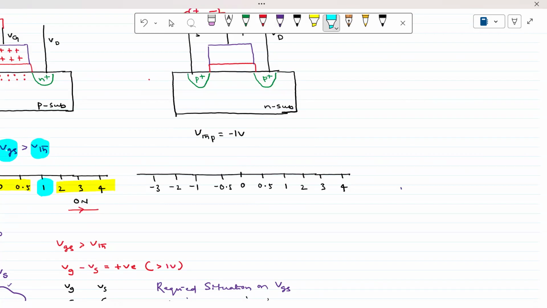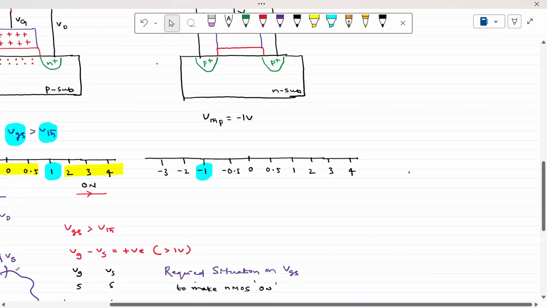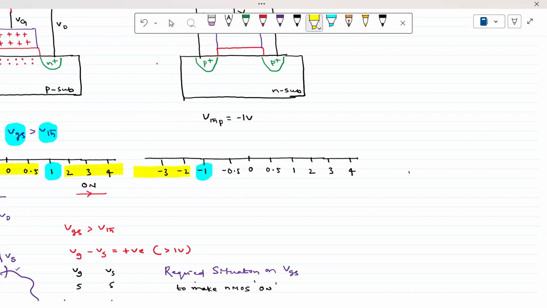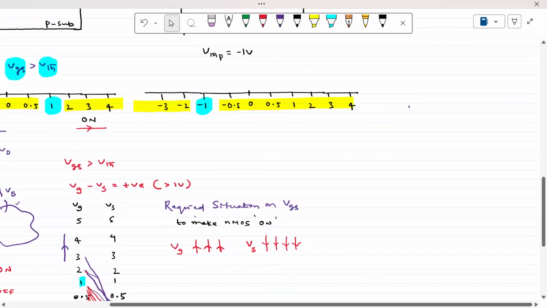For example, if this is the threshold voltage of this transistor, if you apply more negative on the gate, then the transistor will be on. If you apply more positive on this one, it becomes an off transistor.